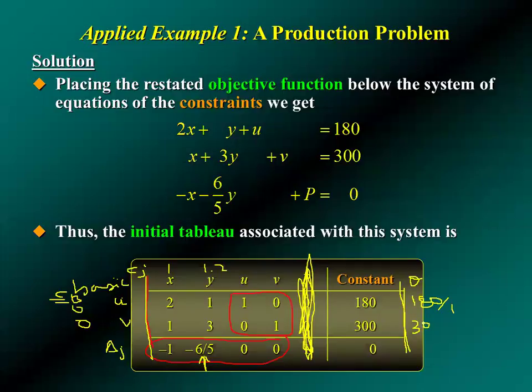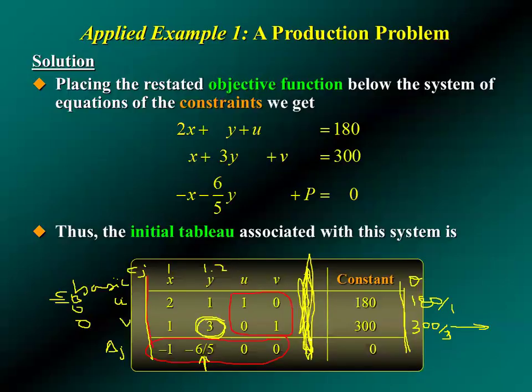And I select whichever is least. Which one is less, 180 by 1 or 300 divided by 3? 300 divided by 3. And so this becomes our pivot. This is called the pivot entry.